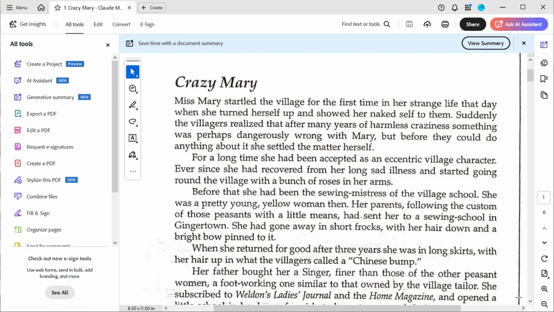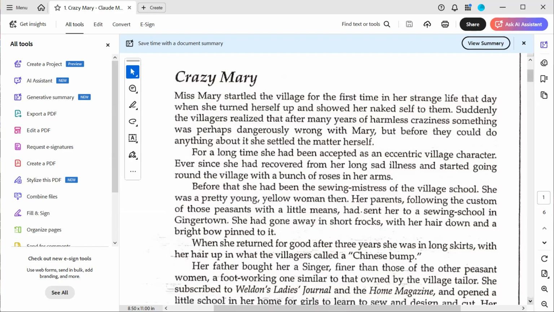Her parents, following the custom of those peasants with the little means, had sent her to a sewing school in Gingertown. She had gone away in short frocks, with her hair down and a bright bow pinned to it. When she started for good, after 3 years, she was in long skirts with her hair up in what the villagers called a Chinese bump.